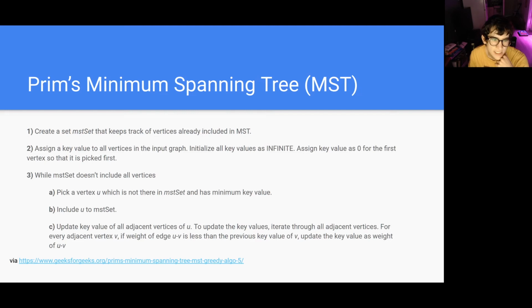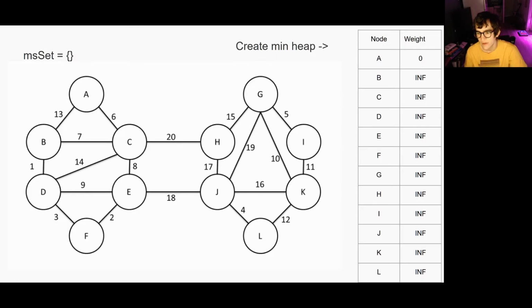We're going to go ahead and do the exact same thing on this graph. So here's basically the min heap or the queue, which, if we use a priority queue, allows us to get the node with the lowest weight using a complexity of only 1. So you can see I followed the first step.